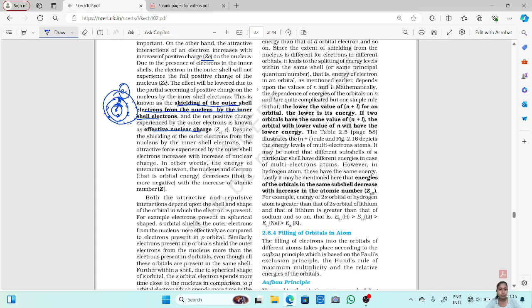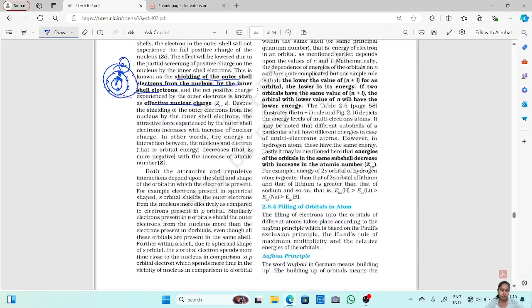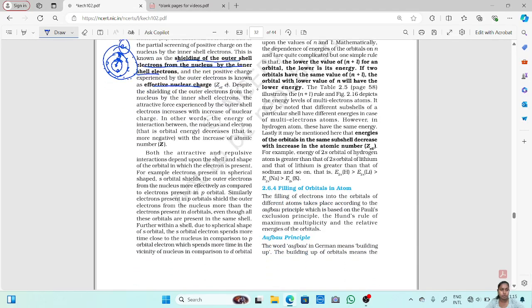Now, even though there is a shielding effect, the outer electron can experience this attraction with the increase in the nuclear charge. So as you increase the charge on the nucleus, this electron can also feel the attraction.